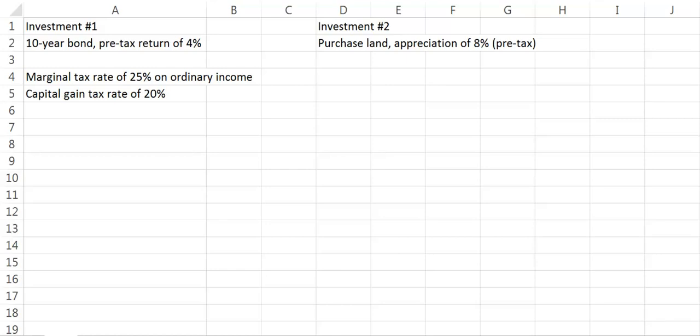And so I want you to understand how to look at an investment and understand that we have a before-tax cost and then we have an after-tax cost. And we're going to use a taxpayer's marginal tax rate to get to the amount of that after-tax cost amount.